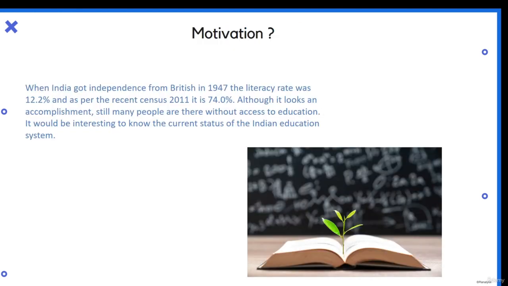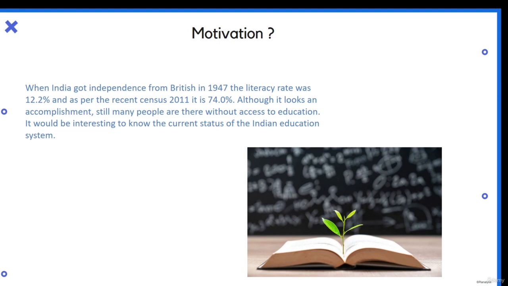So let's proceed. What is the motivation behind it, and what is the information provided in the dataset? It is written that when India got independence from the British in 1947, the literacy rate was around 12.2%. Can you imagine that? Only around 12% of the population was educated.